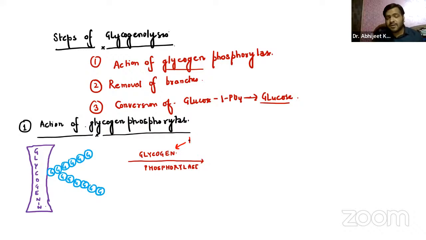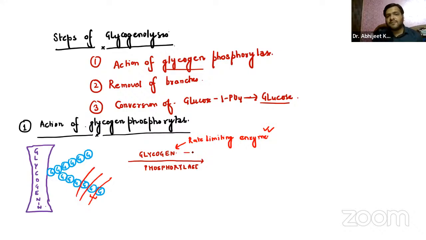You have to remember the rate limiting enzyme in glycogenolysis. Now, this glycogen phosphorylase will cut the alpha 1,4 linkage one from the ends, from the branching points like this.